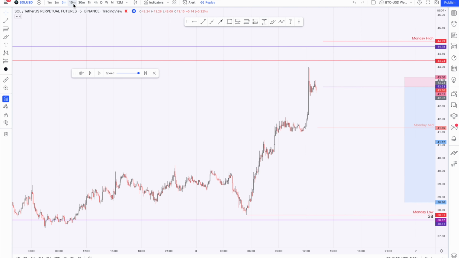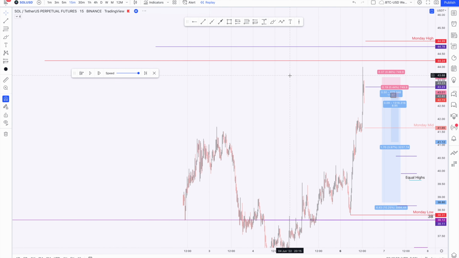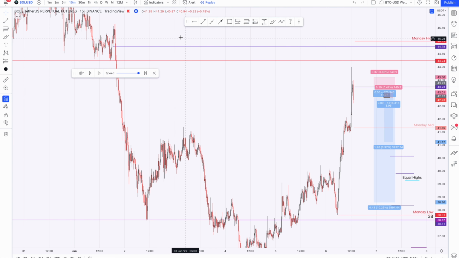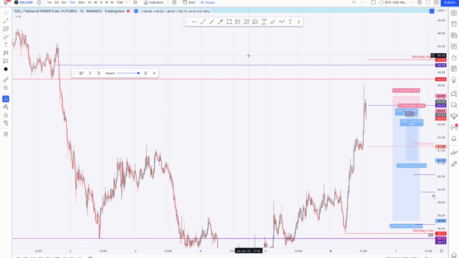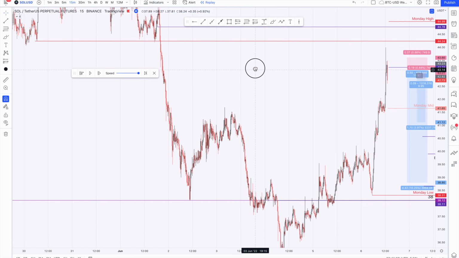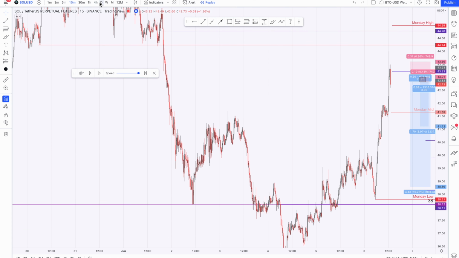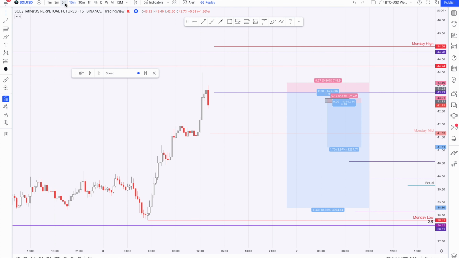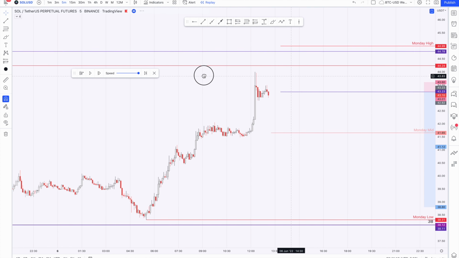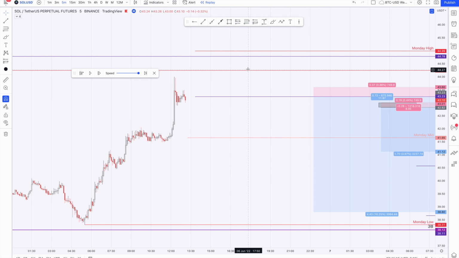Not sure what level that is. Purple is weekly and the 15 and 5 minute for me. So that is the 15-minute level, and I'm pretty sure this is the daily level. Anyways, I'm not going to break it down to those extremes. So let me just have a look at it.